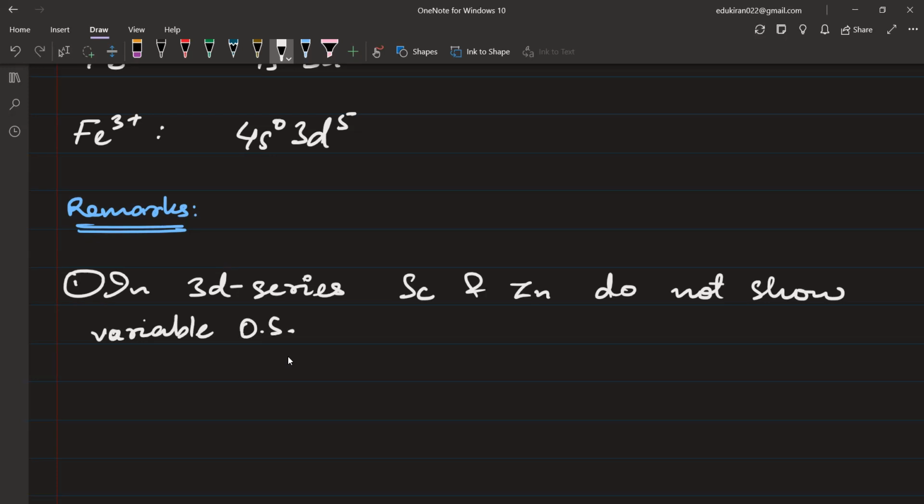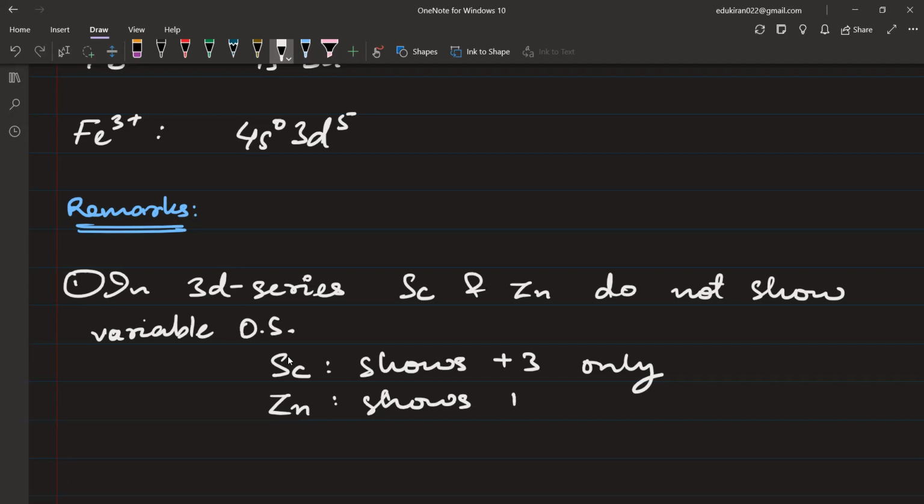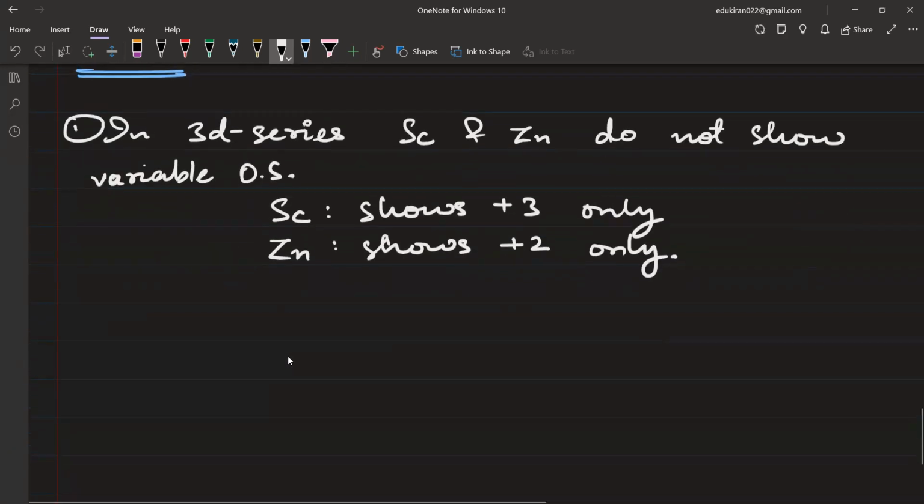Okay, in general D block elements show it, but in 3d series we have 2 which are not going to show the variable oxidation state. Sc shows +3 only, and zinc shows +2 only. Next point.